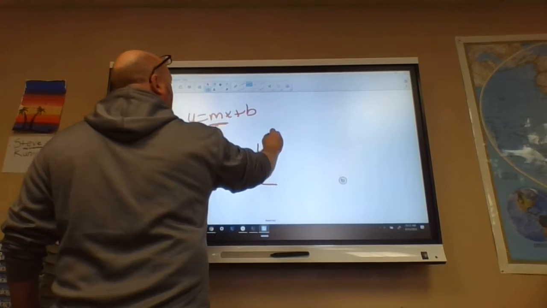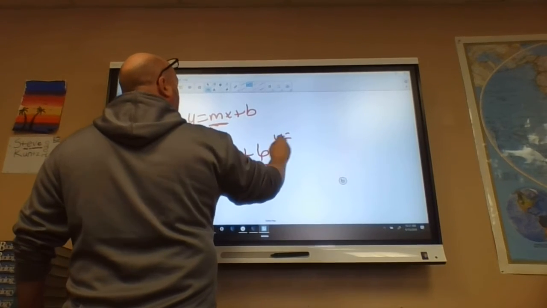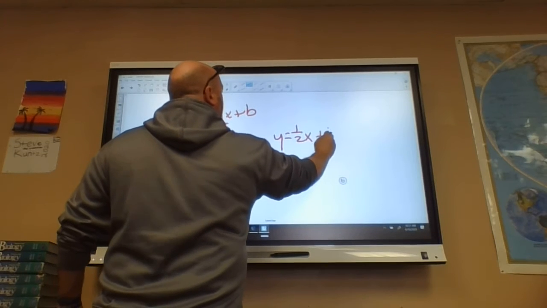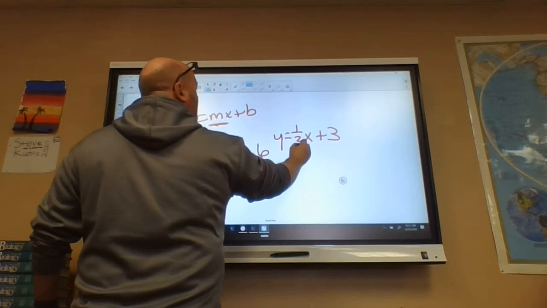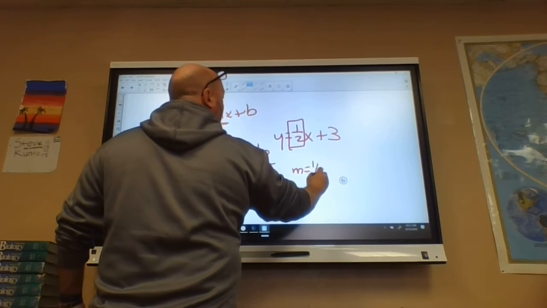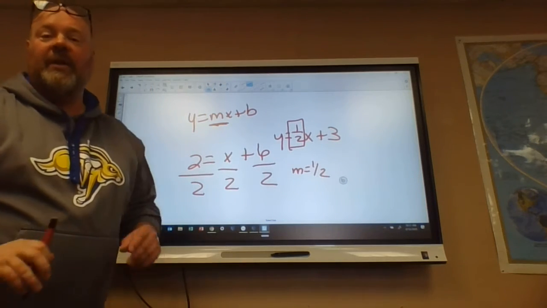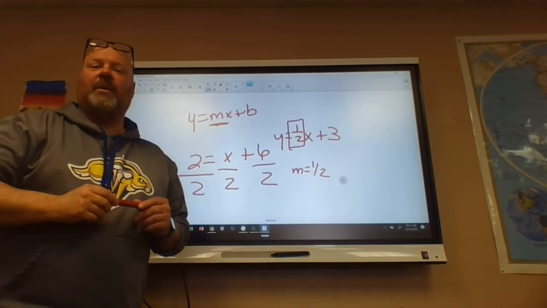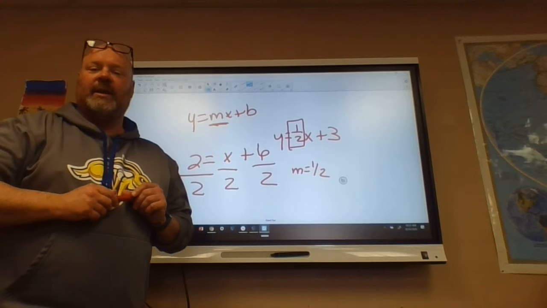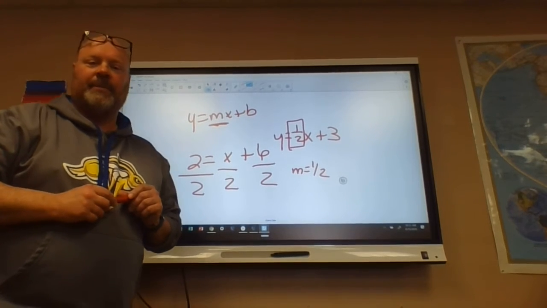That gives me y now equals x over 2, which is 1/2 x plus 3. The number in front of the x is 1/2. So my slope is 1/2. And we've done this before. We did this right about a week before you started leaving. But I wanted to review this one more time before we got into some of the other stuff.